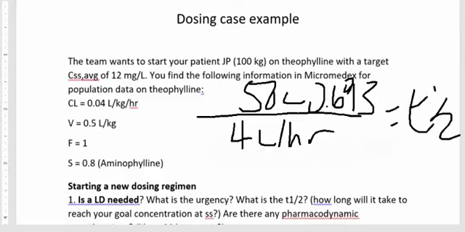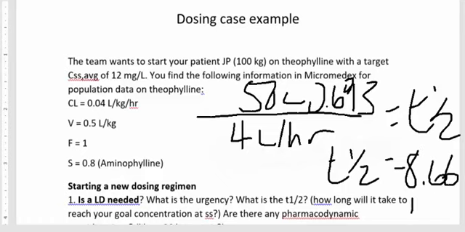So our patient's half-life is going to be 0.693 times 50 divided by 4. So half-life is 8.66 hours, right? So liters, and we're left with hours.